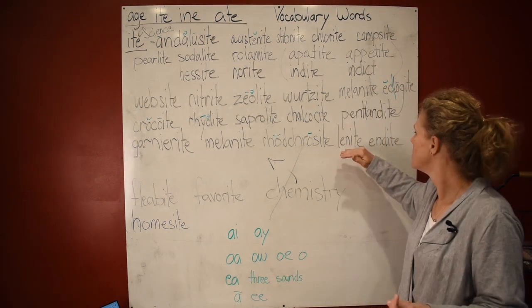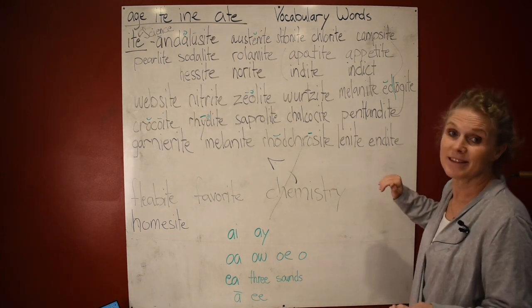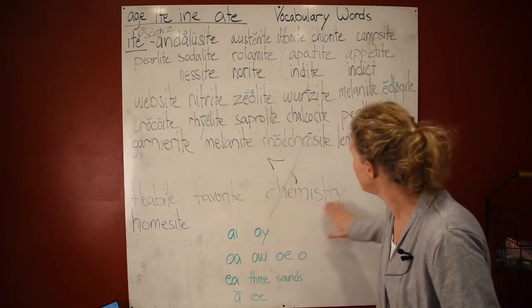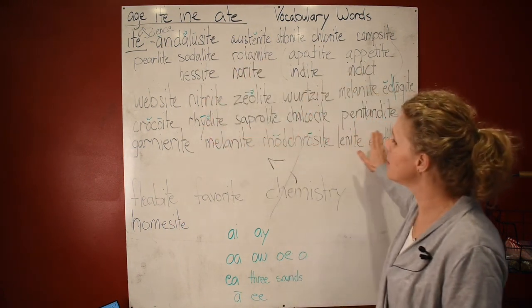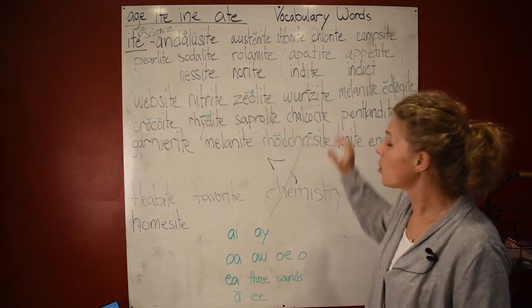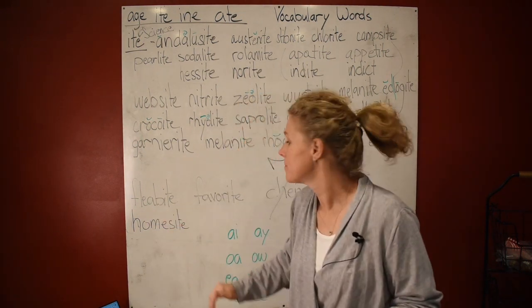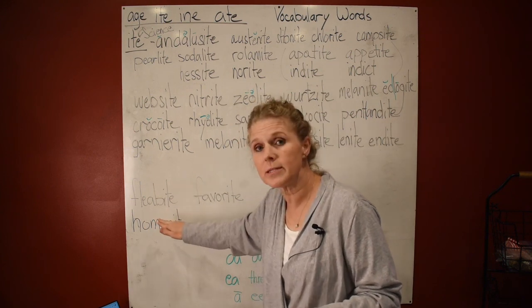Try that one. Linite. Indite. Okay, so this is so much chemistry right here. Minerals. Don't be afraid of it. Flea bite. Bite is its very own word. This is not a unit syllable.